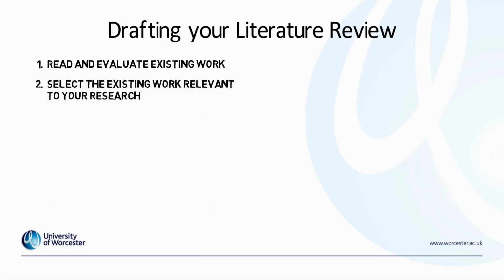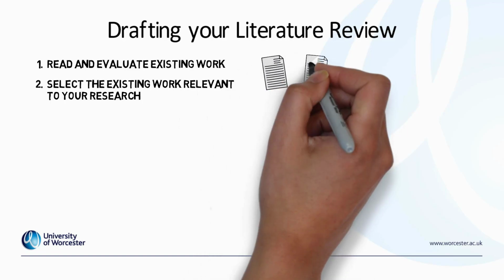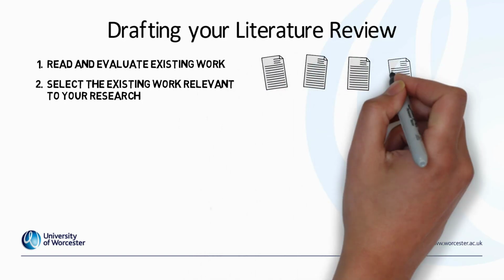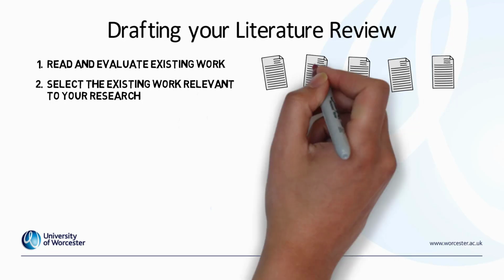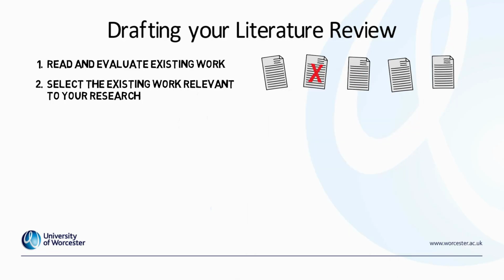Now, unfortunately, not everything you read will be of direct importance or relevance to your own research, so you might need to omit some of the research that you've read because you do not have space to cover absolutely everything you've read, but you need to include the most relevant research in your literature review.